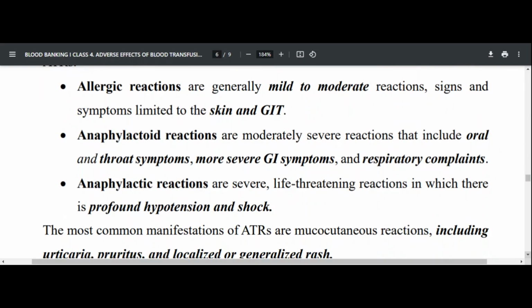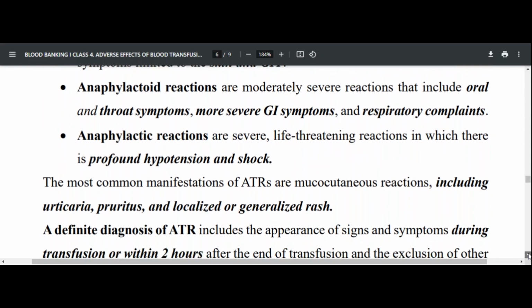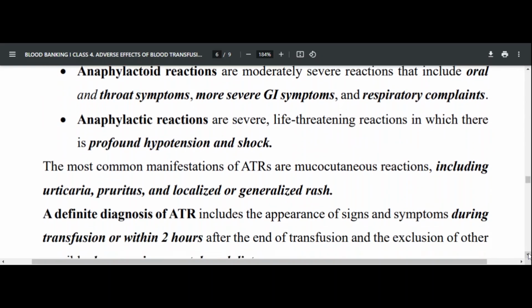And the last stage, which is very serious, is called anaphylactic reaction, which is a very severe and life-threatening reaction, in which there is profound hypotension and shock.